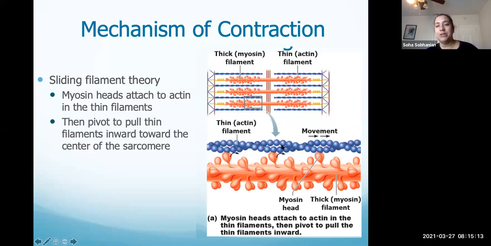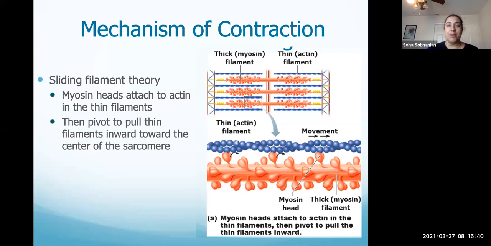The interaction between these two, that tug of war concept that I gave you: myosin heads hold on to the actin and then pull it. And when it pulls, it causes the sarcomere to shorten. As the sarcomere shortens, your whole muscle fiber shortens, and as a result your fascicles shorten, and then your whole muscle shortens.